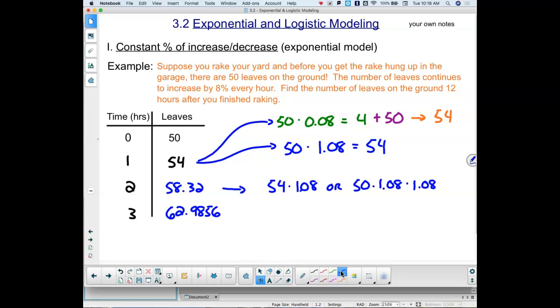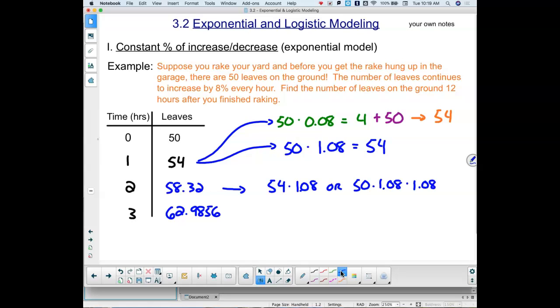Because you're counting the number of leaves that are on the ground. Nope. Because they're increasing by 8%, so the increase is increasing too. We're not there yet. We're getting there.